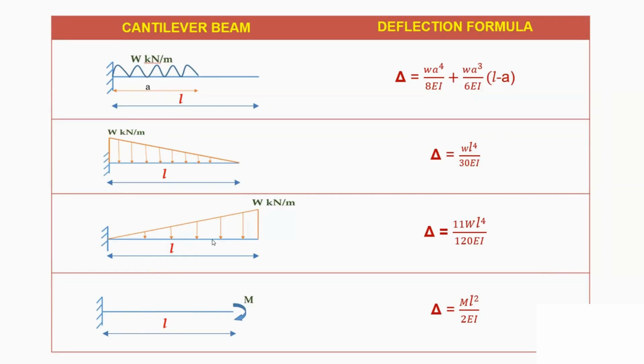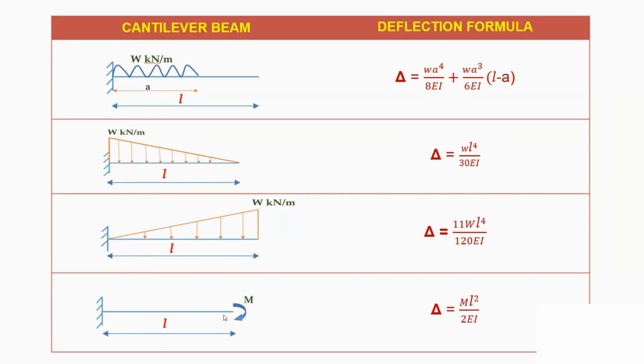The same thing in a reverse fashion, that is UVL varying from 0 to W, so 0 at the fixed support and W intensity at the free end, the deflection at the free end will be 11WL power 4 by 120EI.